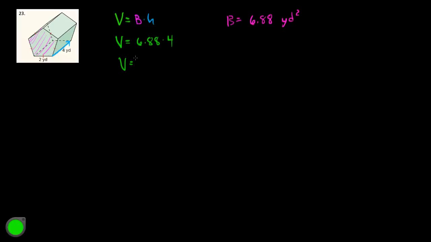Fortunately, I've also got my handy-dandy calculator right next to me here, just like my one at school. Multiplied by 4, 27.52. And this is going to be in yards cubed, because that's volume, a 3-dimensional figure. So yeah, that's how you'd end up doing that.